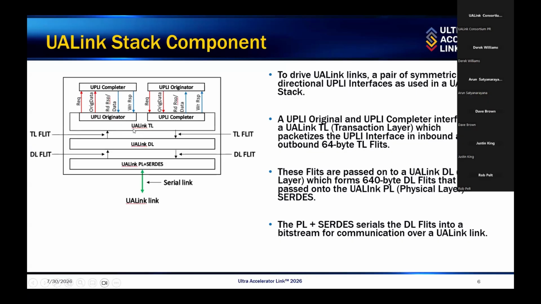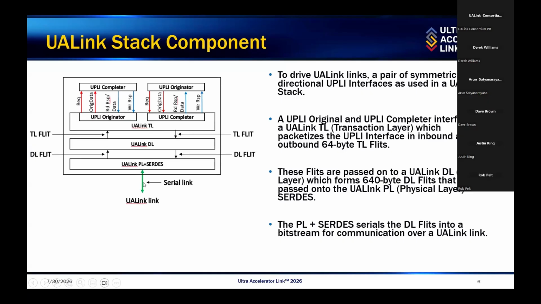Those are received by a transaction layer, or a UALink TL, that takes these interfaces and packetizes them into 64-byte TL flits and passes them to the DL layer. The DL layer takes the 64-byte TL flits and packs groups of 10 of those into 640-byte DL flits that are then finally passed along to the UALink PL and SERDES, which pass them over the link.